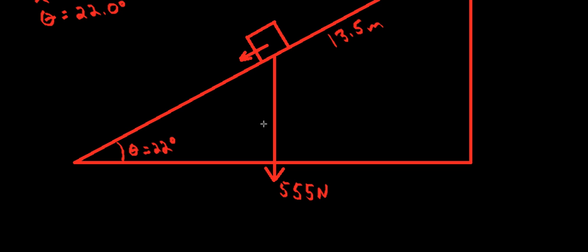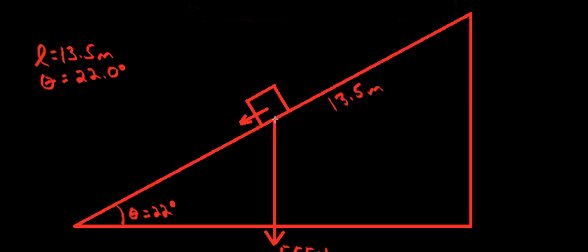So really all we have to do is solve for this vector here in the direction of our ramp. In order to do this, we have to break our vector heading straight down into the Earth's surface, the 555 newton vector, into its components. So we'll get a vector perpendicular to the ramp surface, and a vector parallel to the ramp surface.